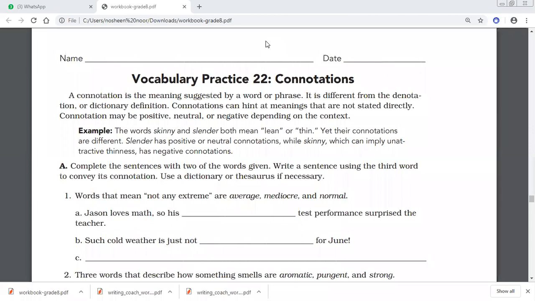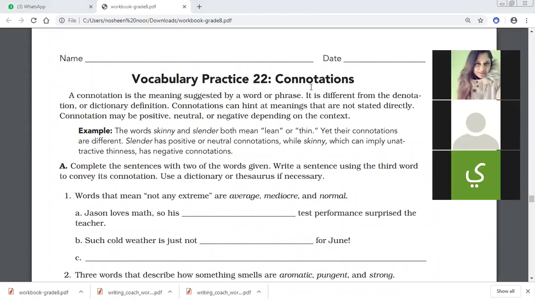Okay, so let's begin. We have connotations today.